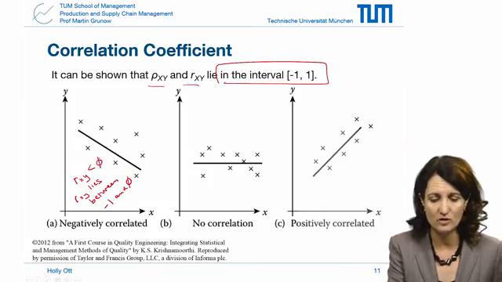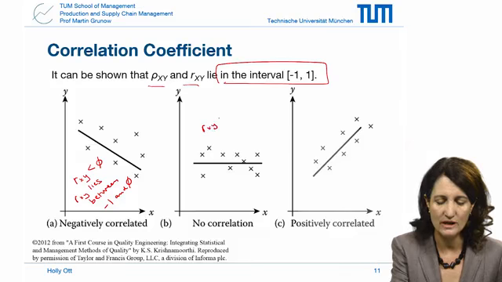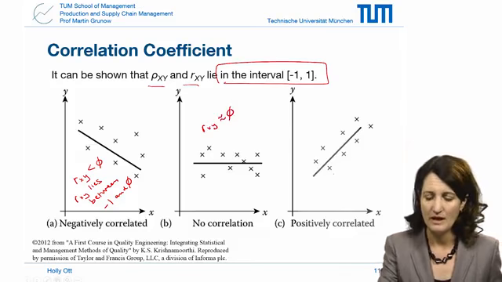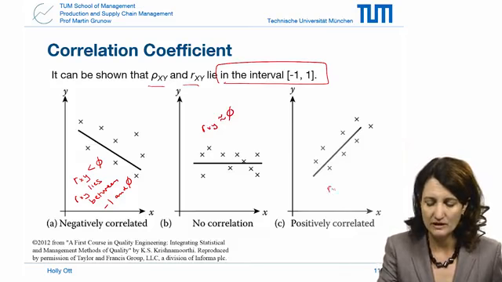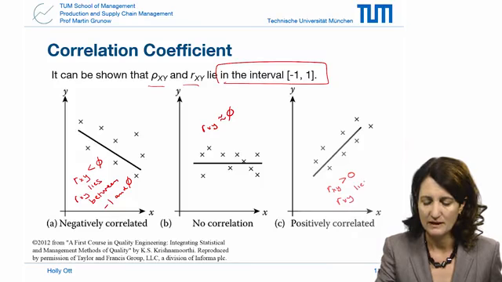For no linear correlation, rxy would be very close to 0, and if positively correlated, rxy would be greater than 0, so rxy lies between 0 and 1.